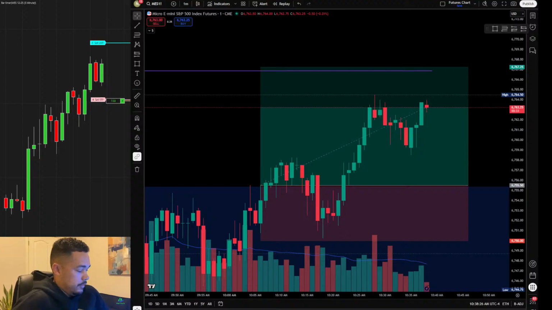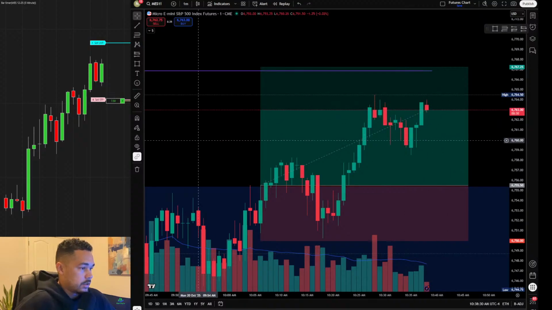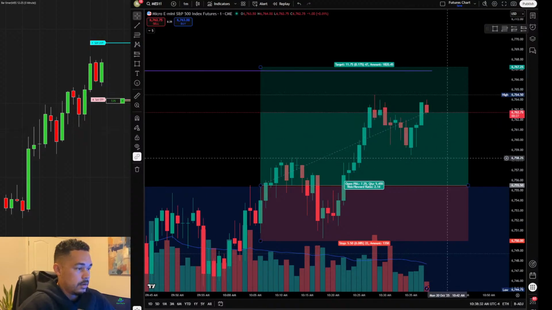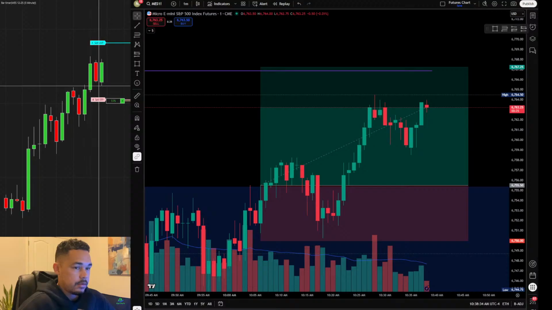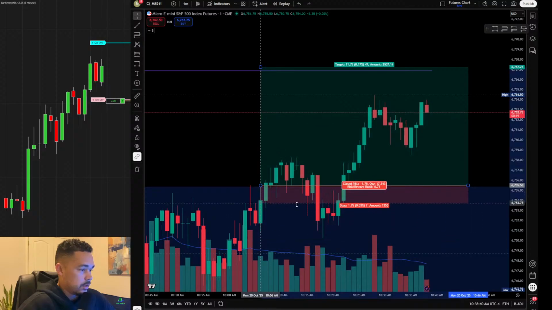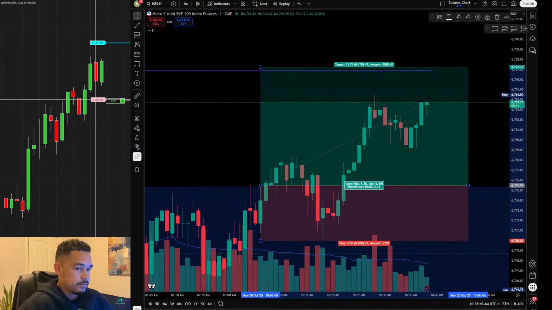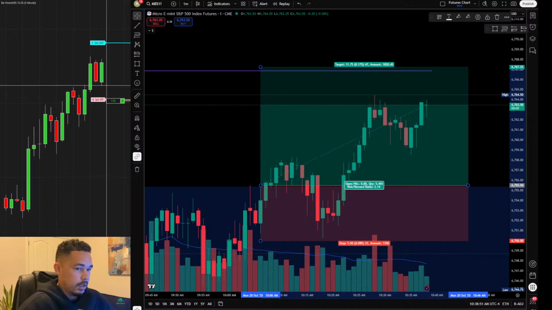So if price can take out this 67.64 high, then I'm going to move my stop probably to 67.58. Let's see where that's at. Yeah, I would move it right under this strong candle.